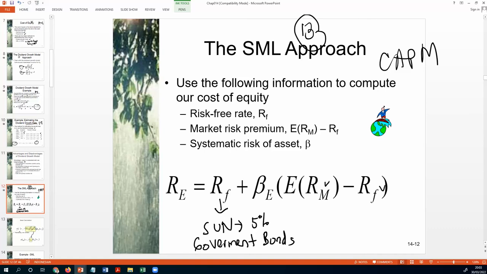This is the expected return. Let's say you want to invest your money in Mandiri stocks, BMRI.